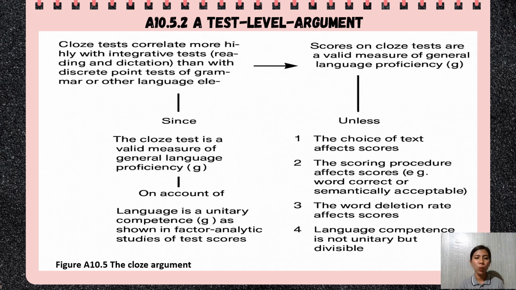Do you mark a word right only if it's exactly the same or if it's just a good fit? The third one is that the number of missing words, or the deletion rate, matters. Too many or too few blanks can make it easier or harder. And the last one is that language ability isn't just one single thing, or it might be made up of different skills, not just one big general ability.